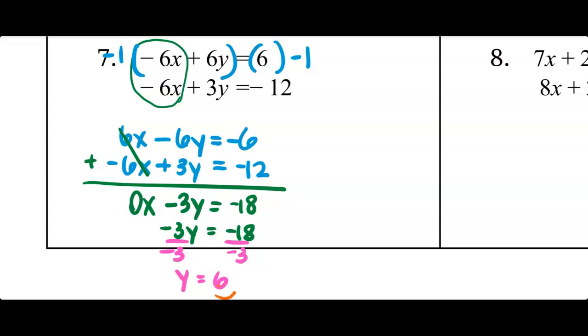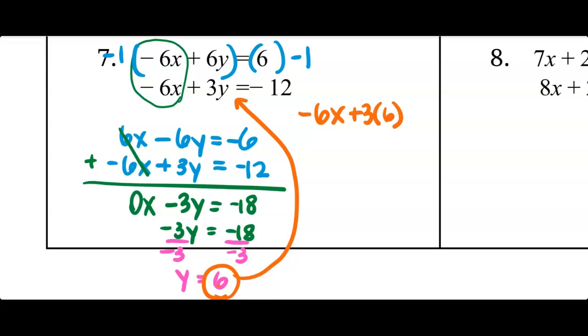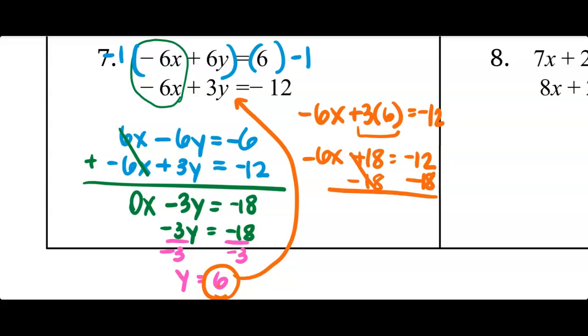I can then just take my 6 and plug it in for y in either equation. So -6x plus 3 times 6 equals -12. Multiplying the 3 and the 6, I get -6x plus 18 equals -12. I can then subtract 18 from both sides, giving me -6x is equal to -30. Dividing by -6 gives me that x is equal to 5.